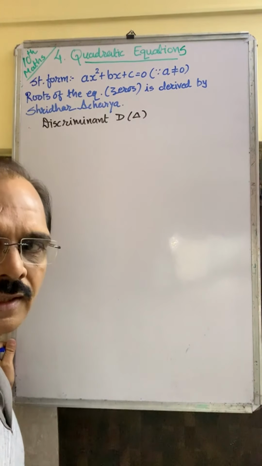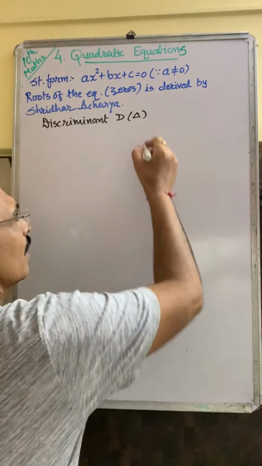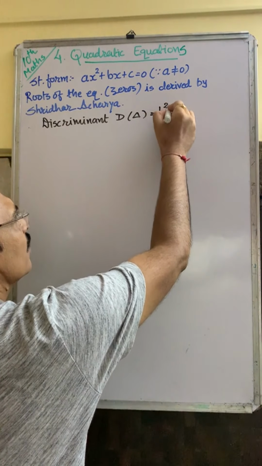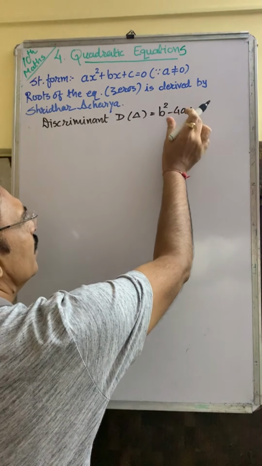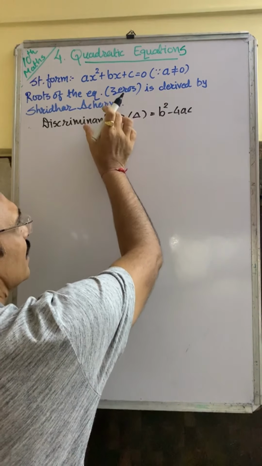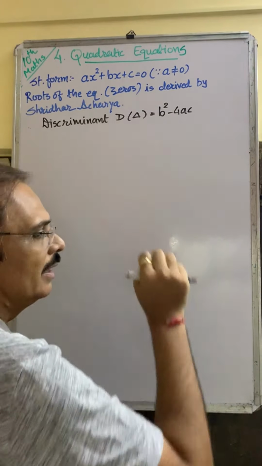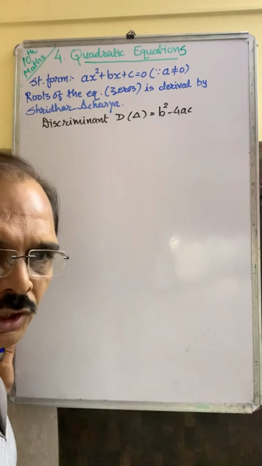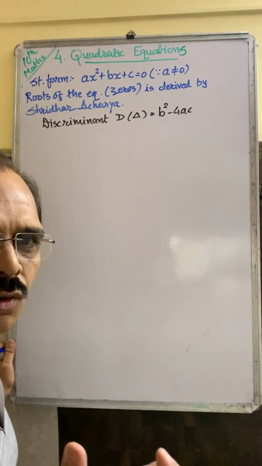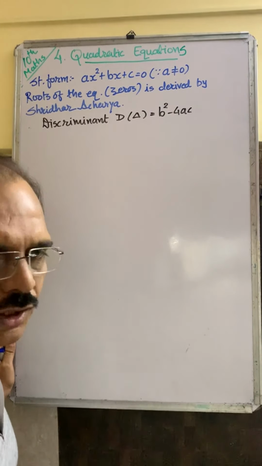This triangle sign is called delta. And D is b square minus 4ac. This term repeats again and again, so Sridhar Acharya gave it the name D, that is discriminant. Discriminant means the central or core part of this derivation.